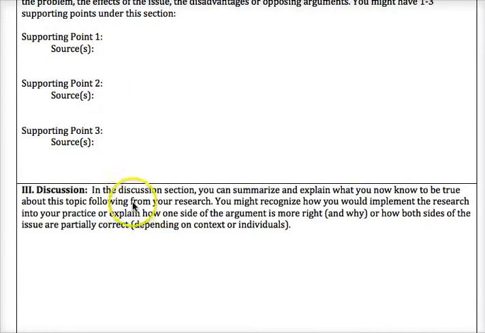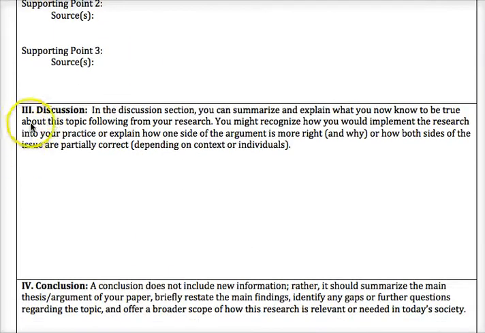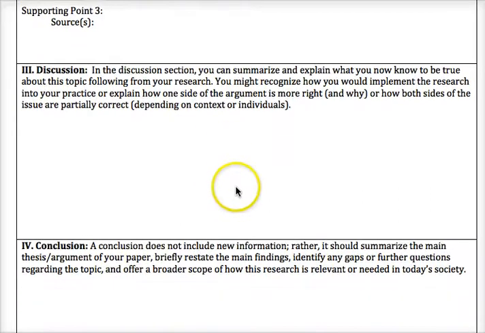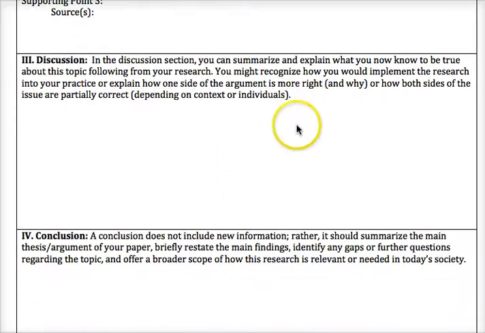And then in your discussion section, so this is section number 3, this is where you actually analyze and explain your point of view about this topic, having done the research that you've done. So now you're trying to synthesize the information.